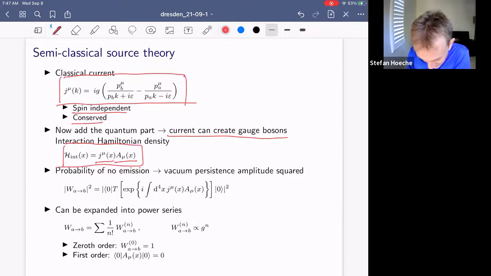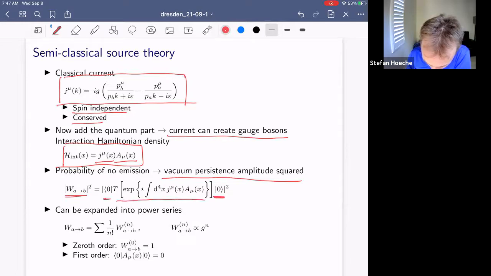Once I have that interaction Hamiltonian, I can write down the probability of not having an emission as something that I will call the vacuum persistence amplitude. I'll label this by W A to B. So my particle goes from momentum A to momentum B, and it's a vacuum amplitude because I have the vacuum here, and I can insert into this vacuum any number of interaction Hamiltonians.